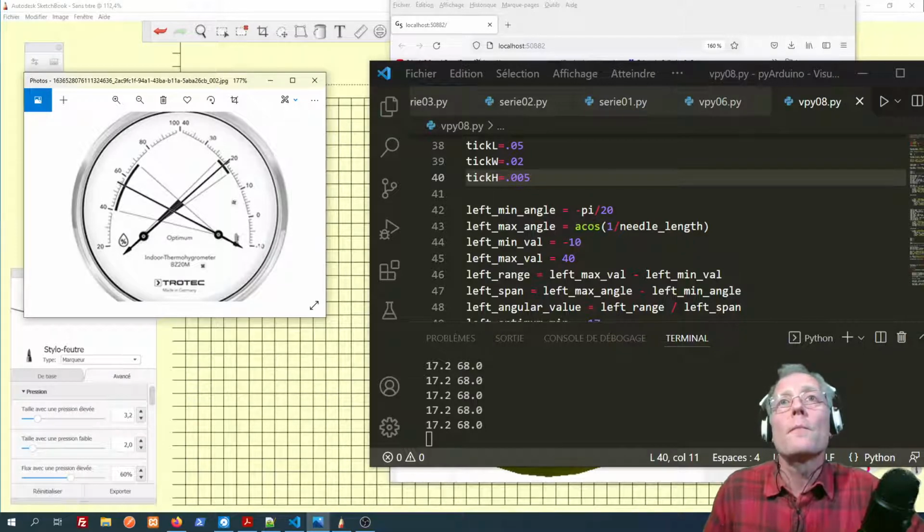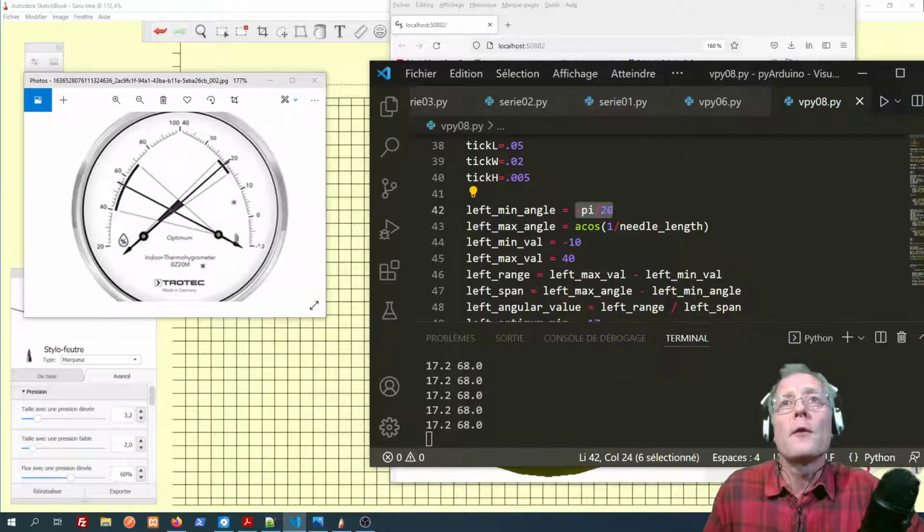Okay, so this is the minimum angle, which I started at minus pi over 20, and the left max angle here will be 1 on the needle length.